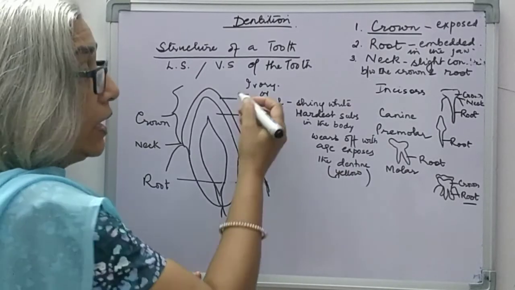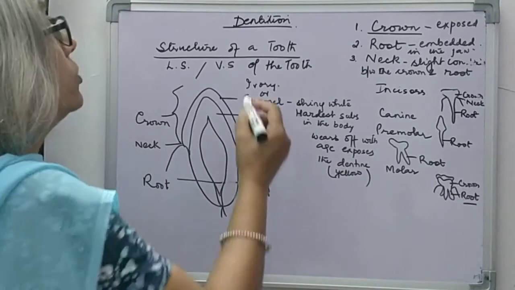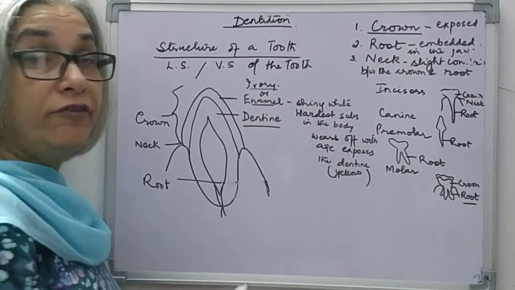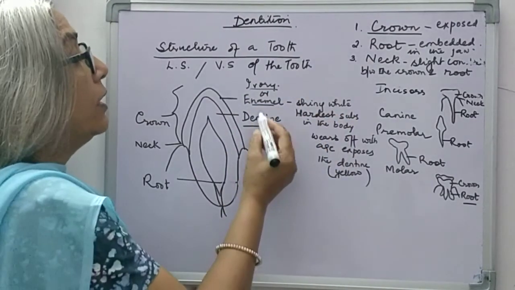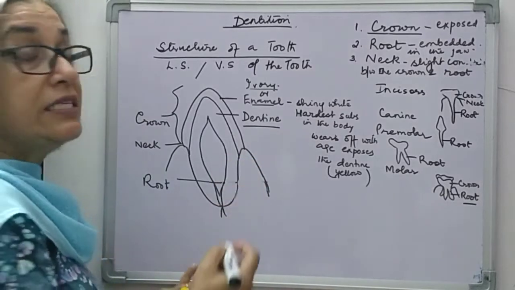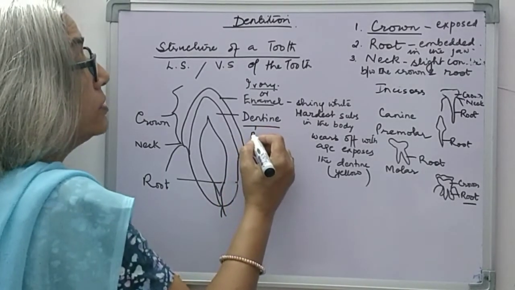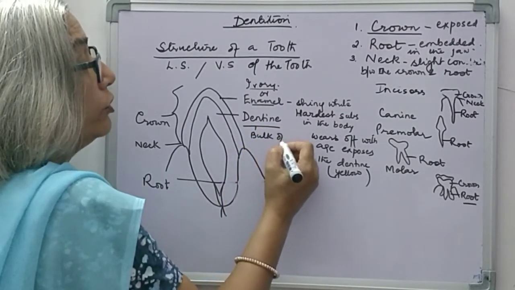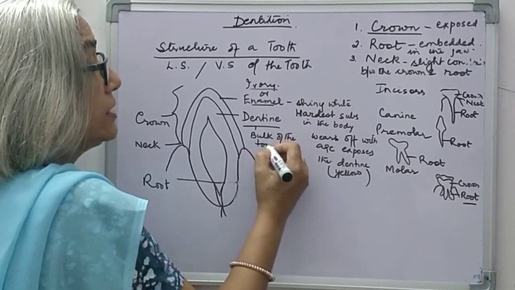Then second, under the enamel, as I told you, enamel is also called ivory, shiny white in color. Below the enamel is the dentine. Dentine forms the bulk of the tooth. It is hard.